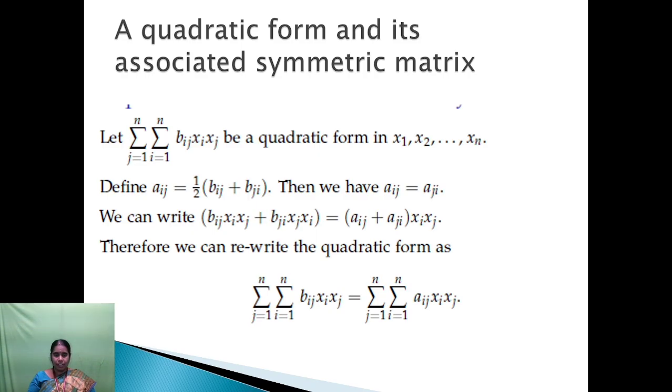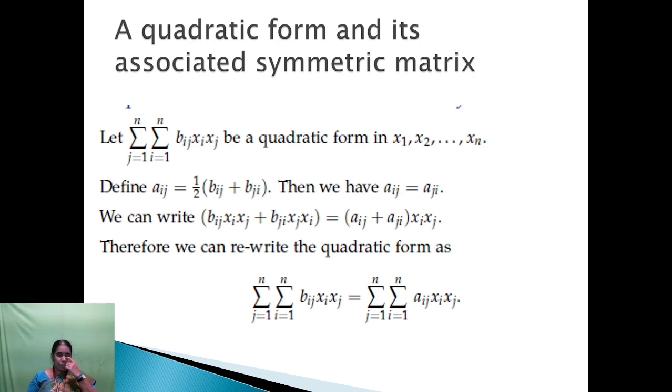We can write bij xi xj plus bji xi xj as aij plus aji into xi xj. Therefore, we can rewrite the quadratic form by replacing bij with aij.